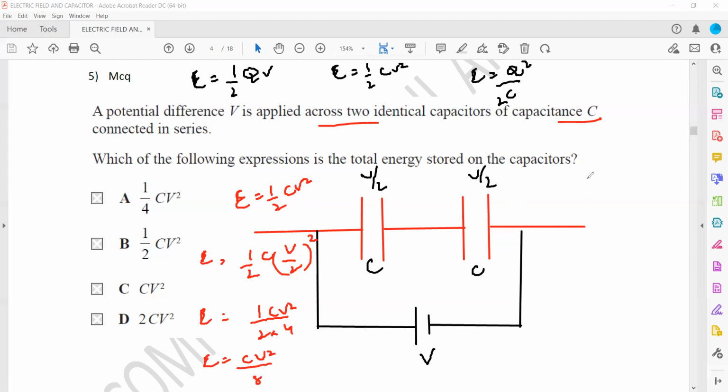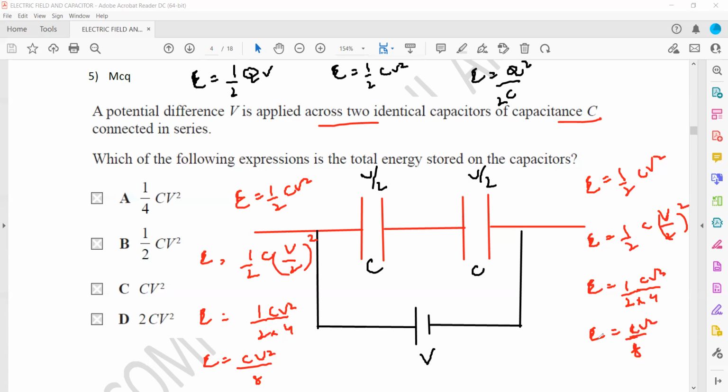In the same way, the energy stored in the second capacitor is half CV square, with V divided by 2. When we simplify, it will be half CV square over 4, or CV square by 8.